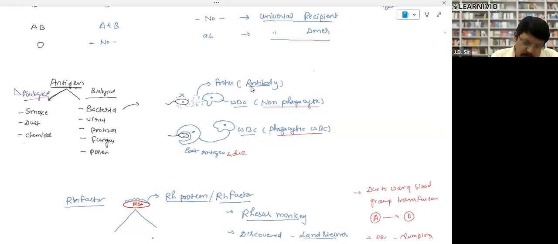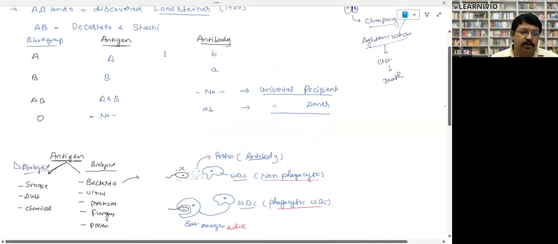Yes, sir. So every RBC has antigen on it. A blood group has A antigen and B antibody. So the name of the blood group is based on the antigen. B blood group has B antigen and A antibody. AB blood group, that is important: it has AB antigen but no antibody.